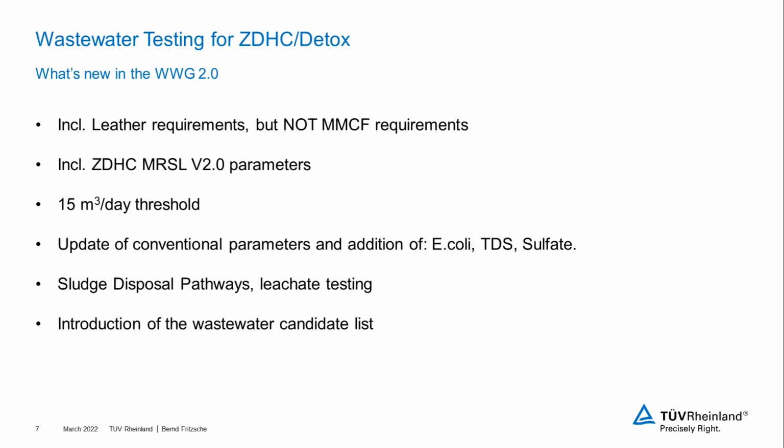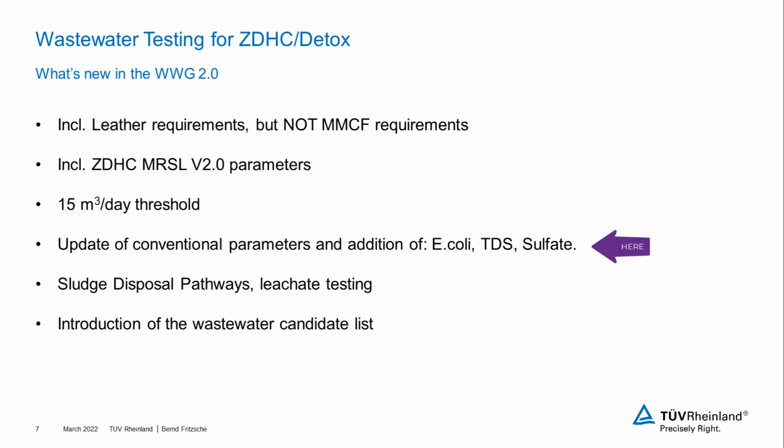Let's have a look at the other high-level changes in version 2. For example, the inclusion of leather requirements. MMCF, man-made cellulosic fiber requirements, however, were not incorporated in this version. The MRSL version 2 parameters have been added. Small facilities with a discharge of less than 15 cubic meters per day are subject to only very light testing requirements.